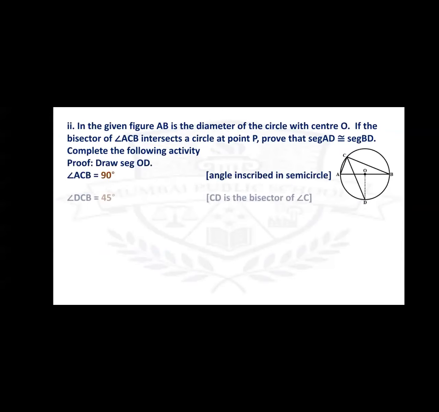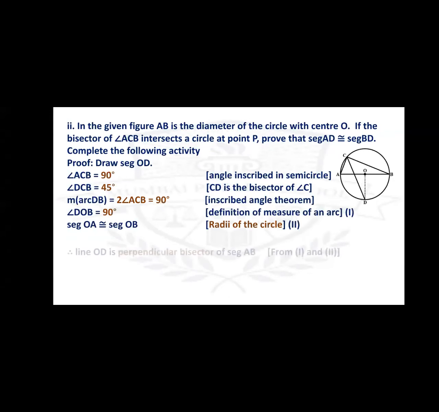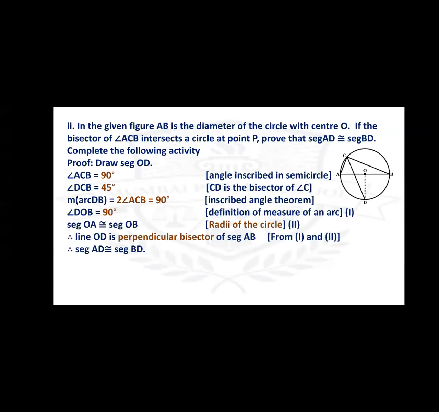And the second question is, in the given figure, AB is given as a diameter, right? So see, AB is a diameter. That means arc ACB is a semicircle. So angle ACB is equal to 90 degrees.